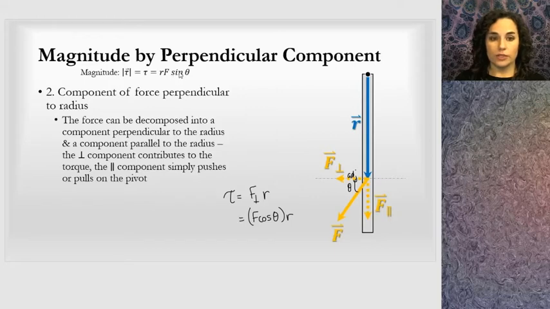Even though there's a cosine here, I know for sure that this term is the perpendicular component, and I know it's the component of the force that is causing rotation. The other component, again, is just pulling on the pivot or pushing on the pivot and doesn't cause rotation. So if I just use this one component in the equation, then I know that I'm calculating torque accurately.